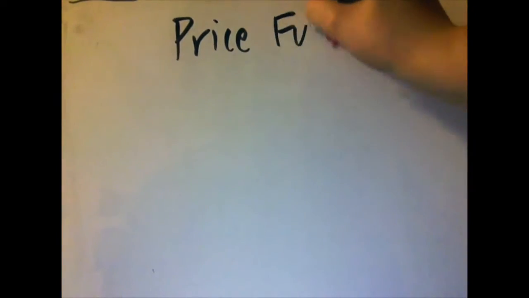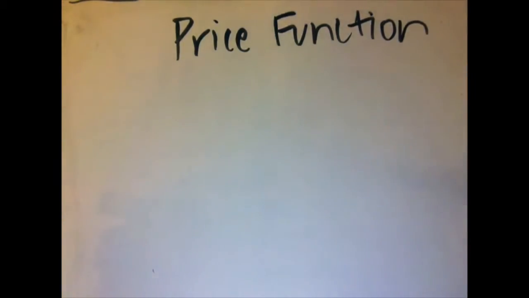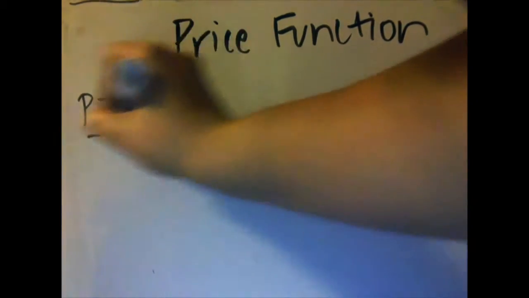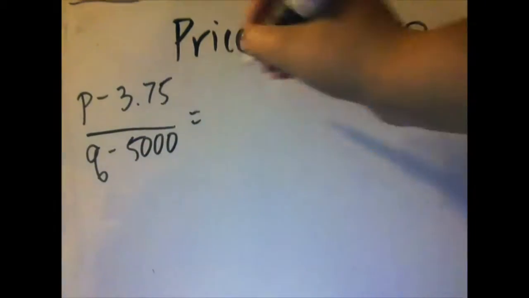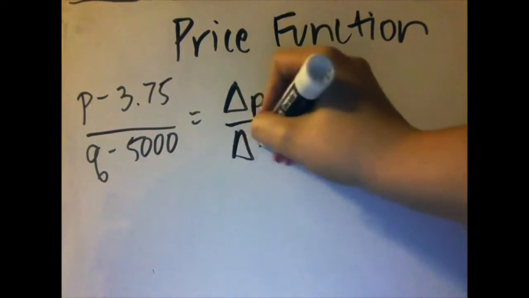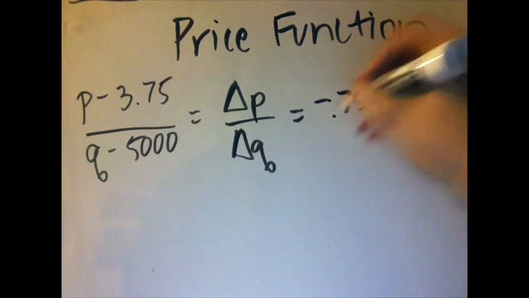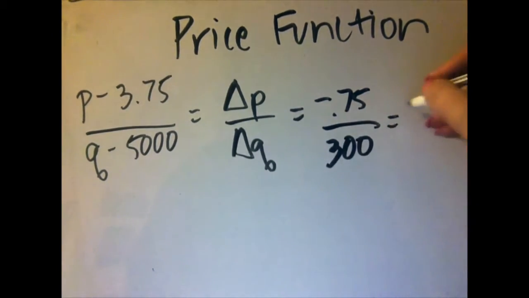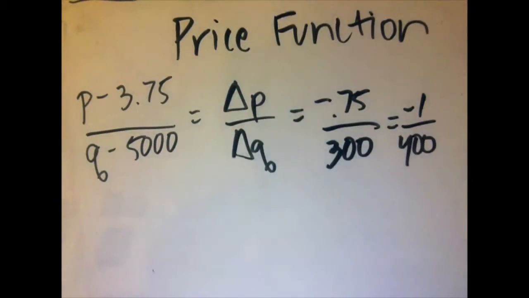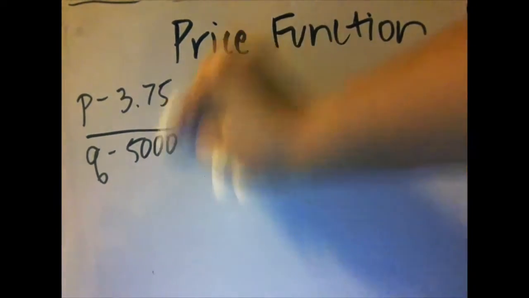We construct the price function for this product by doing p minus 3.75 over q minus 5,000 equals the change in p over the change in q. Because it's decreasing in this situation, it would be negative 0.75 over 300, which equals negative 1 over 400.